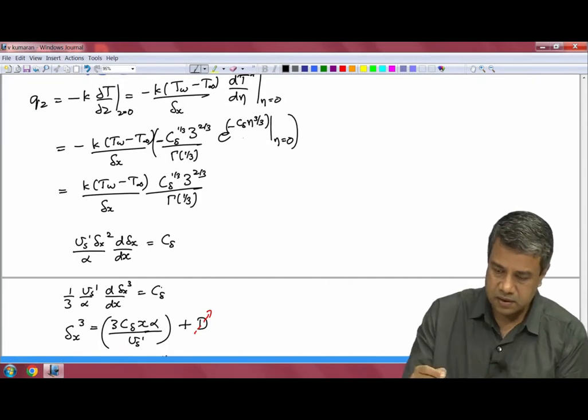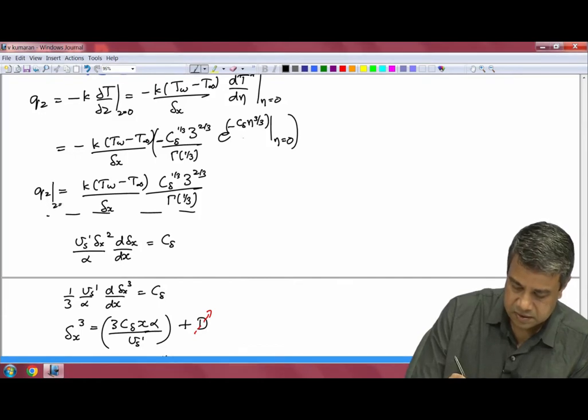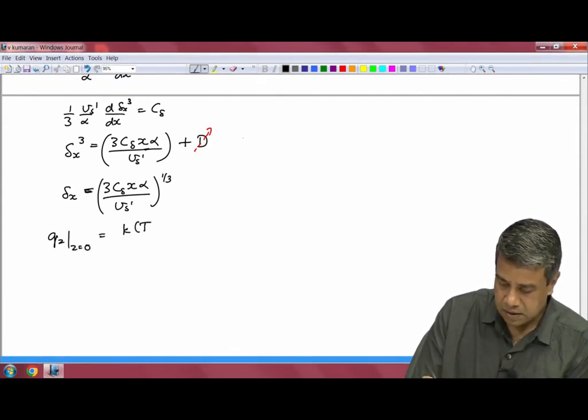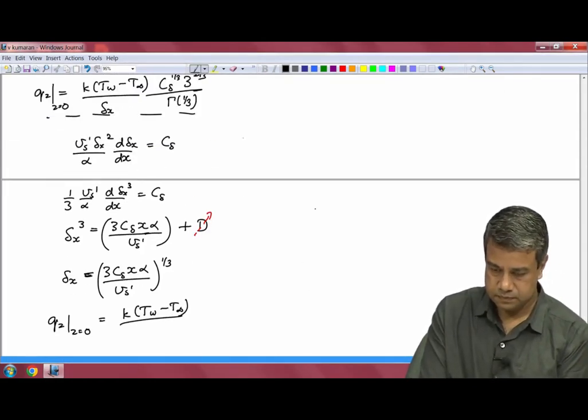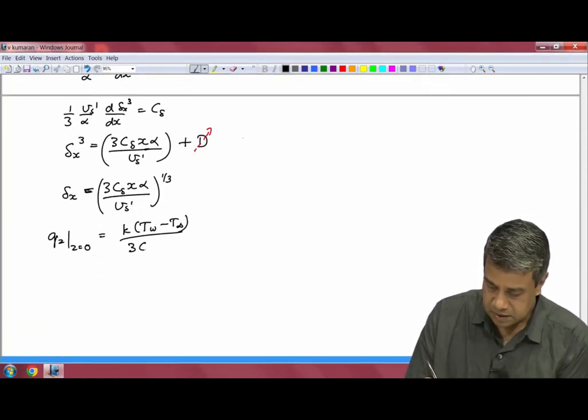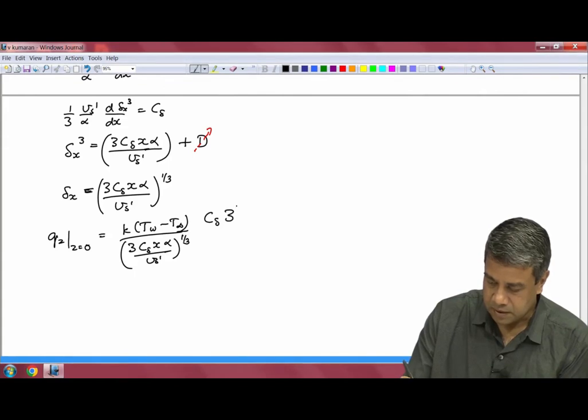And I can substitute that into the correlation for Qz here at the surface, at z equal to 0. Qz at z equal to 0 is equal to k into Tw minus T infinity by delta x, which is 3 C delta x alpha by Vs prime whole power 1/3, into C delta into 3 power 2 by 3 by gamma of 1 by 3.